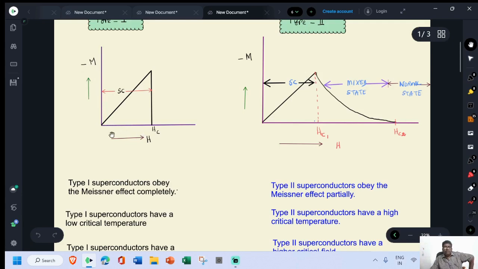If you increase the applied field value gradually, once the field value is equal to the critical field, this opposing magnetization drops to 0 suddenly. That means, if the field value is gradually increased, the magnitude of opposing magnetization is also increased.